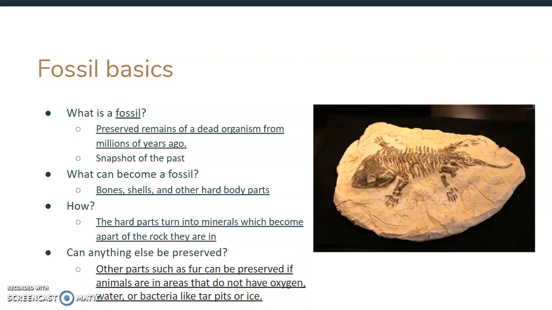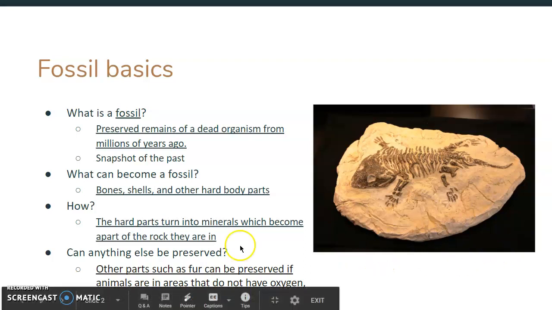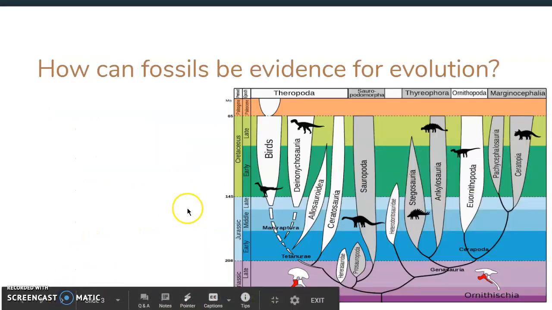They have also found recent things in Antarctica or even in the Arctic, like woolly mammoths that have been frozen since the Ice Age. So that's really cool. But for the most part, it's pretty rare to even have a fossil, and it's even rarer to have something soft preserved. So it is really cool when we can find some.